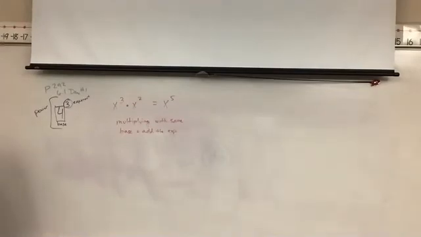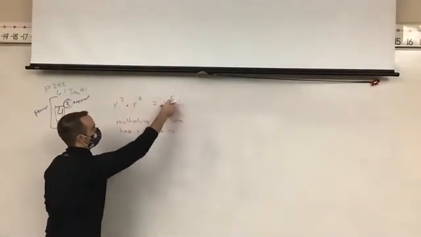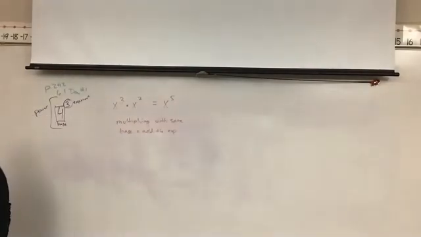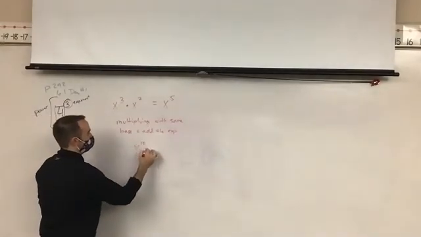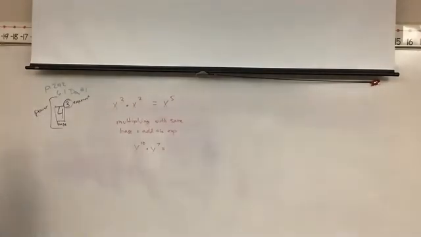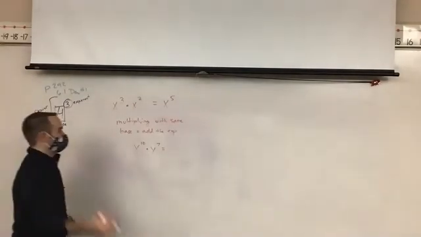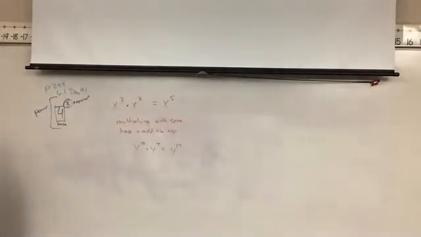You can't take x to the 3rd times y squared and get something. It has to be the same base. X to the 3rd, x to the 2nd is x to the 5th. We add those exponents together. So that would be like y to the 10th times y to the 7th, which would be y to the 17th. Right? We simply add those exponents together. Okay, that's one of them. Told you I got 3. That's one of them.